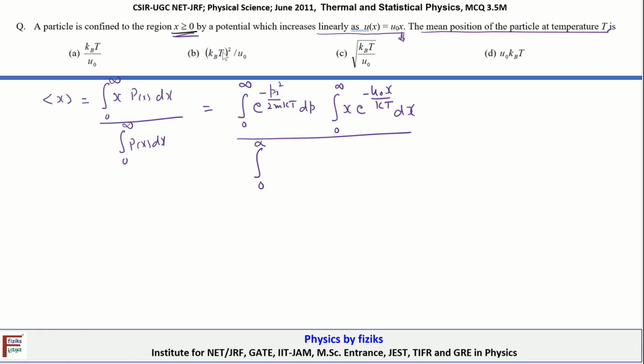So basically the expression for the probability we have split into two integrals, the space and the momentum integral.